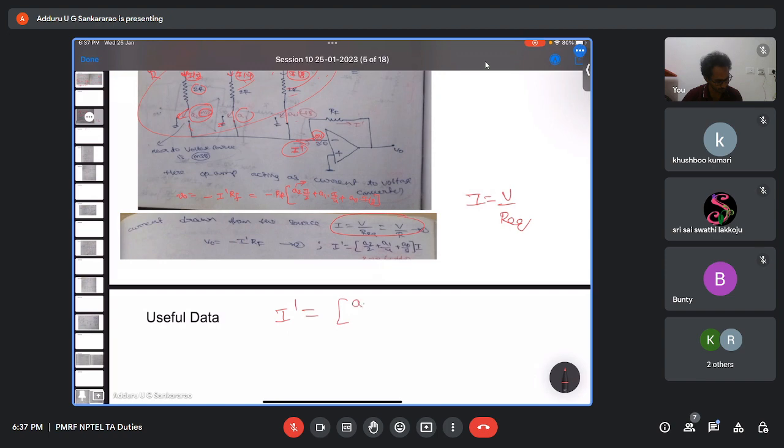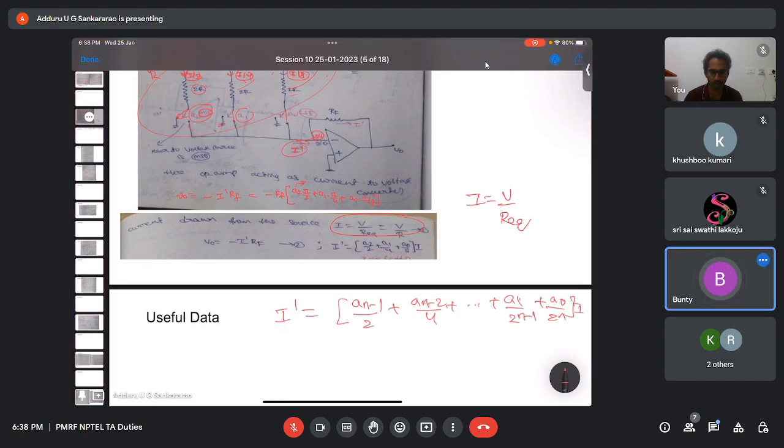Summation of an minus 1 by 2 plus an minus 2 by 4 plus so on plus a1 by 2 power n minus 1 plus a naught by 2 power n, like this into. You got it right? This is about the current switch DAC. Understood?